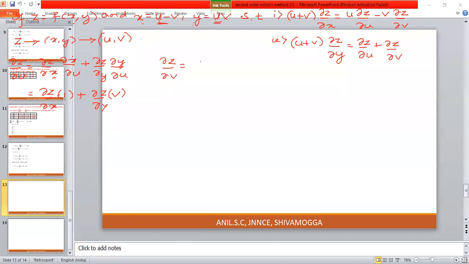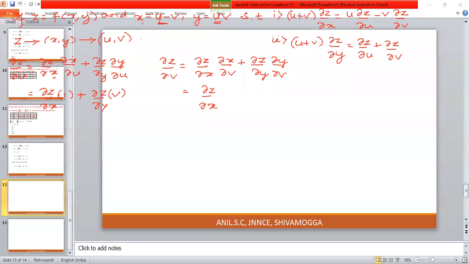Del z by del x into del x by del v. Next term, del z by del y into del y by del v. This is equal to del z by del x into del x by del v. Differentiate this with respect to v, treating u as constant.